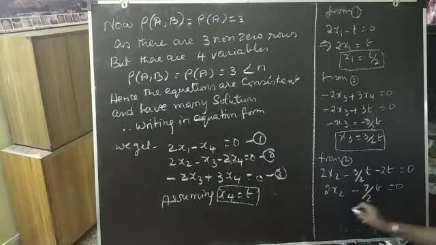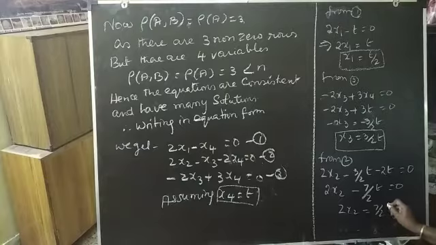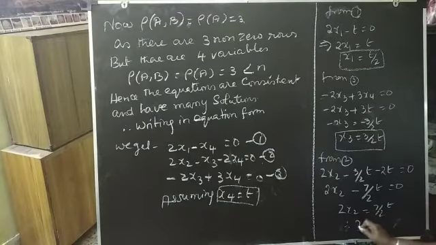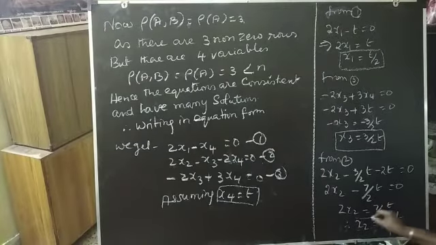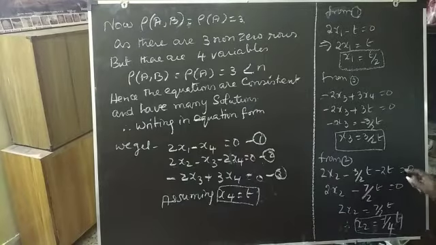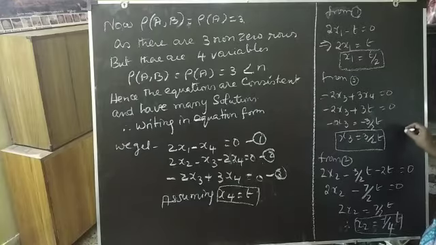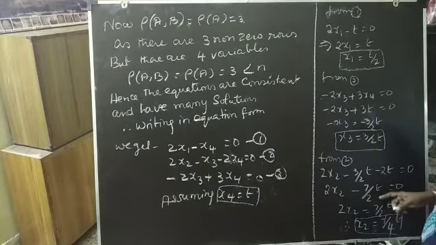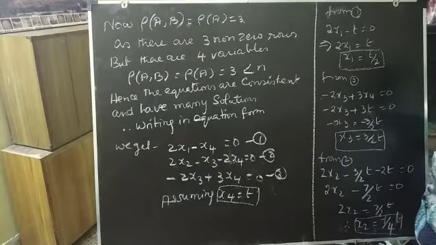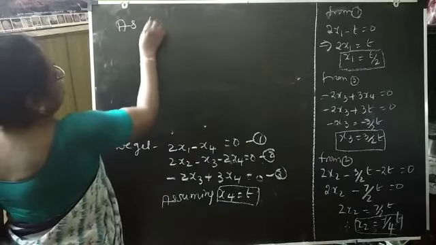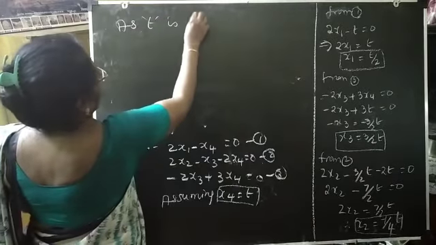So 2x2 is equal to 7 by 2t. Therefore x2 is equal to 7 by 4t. Now t is a positive constant, so if we assume t is some multiple of 4, we get all these values as whole values.